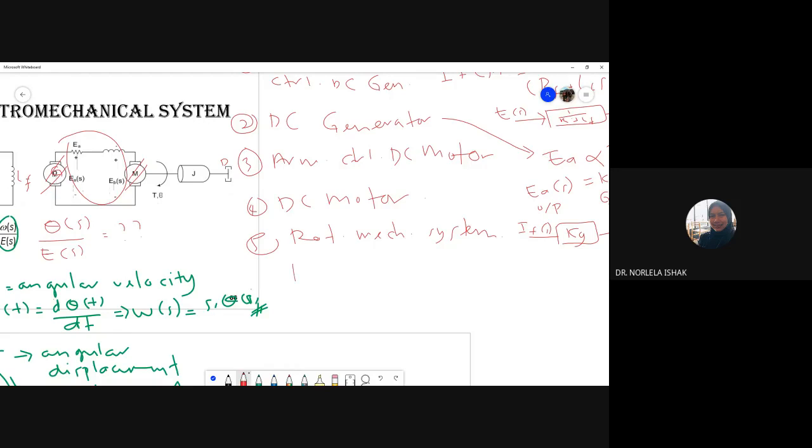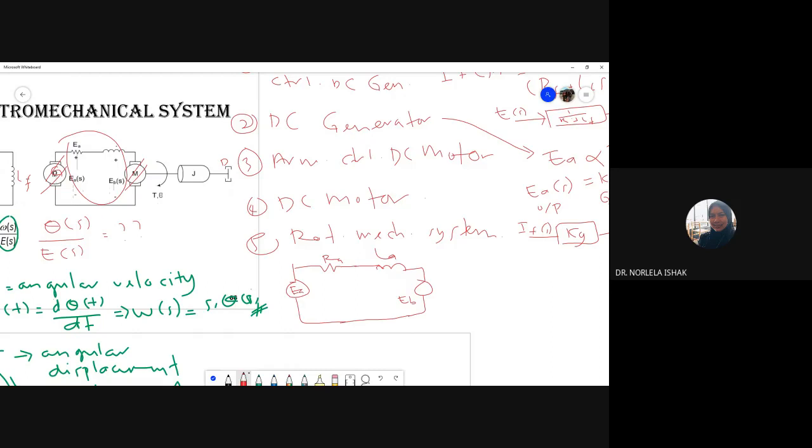So meaning this is our EA. So ini adalah R. Okay. Dan ini adalah inductor LA. Dan dekat sini ada EB.